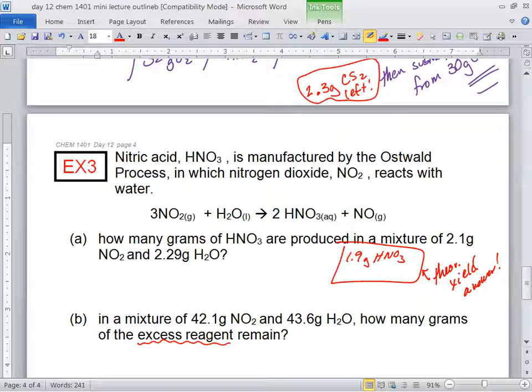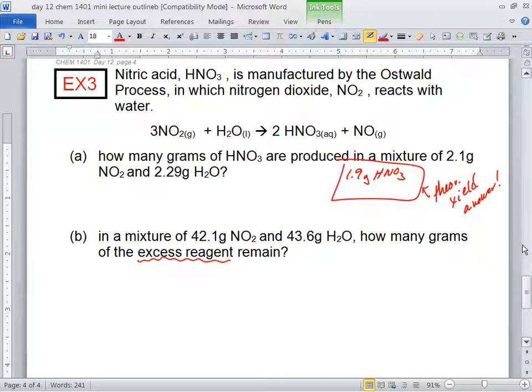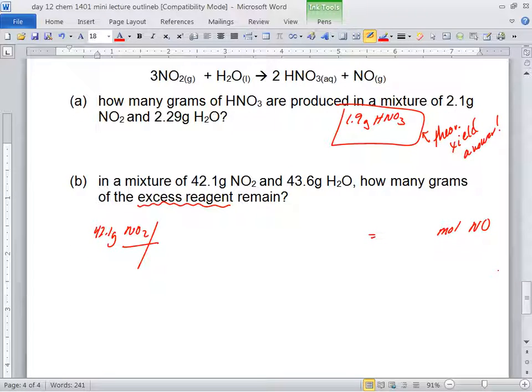You have to convert both of these to, I'll pick NO, and I'll stop at moles. You can stop at moles because you're just after identifying the limiting reagent.